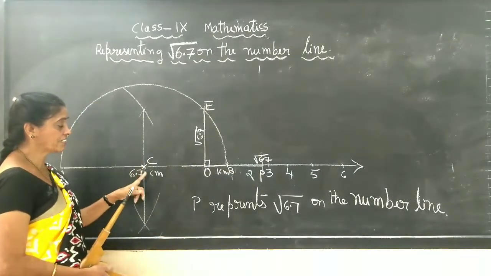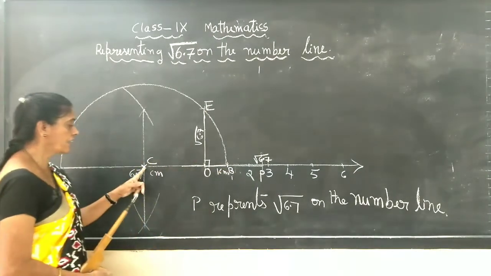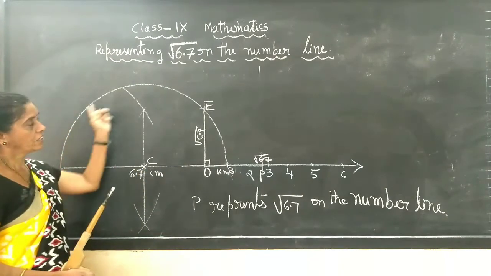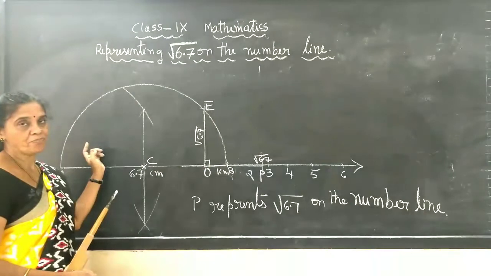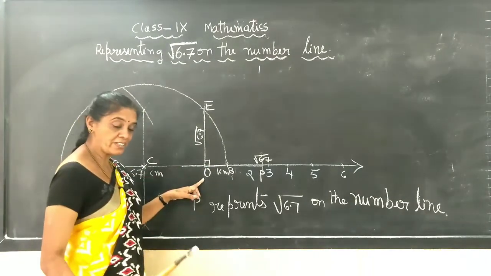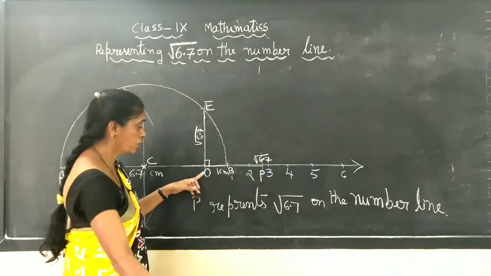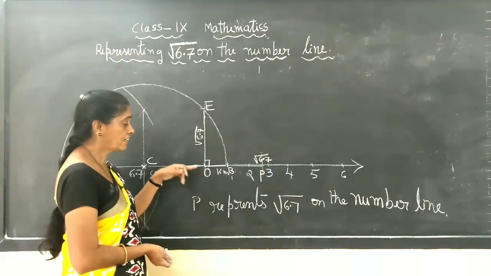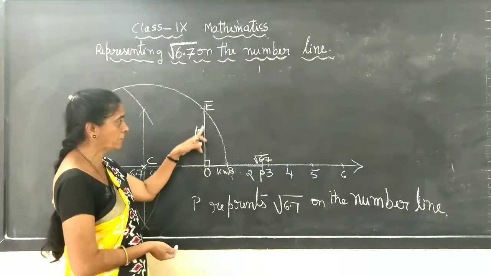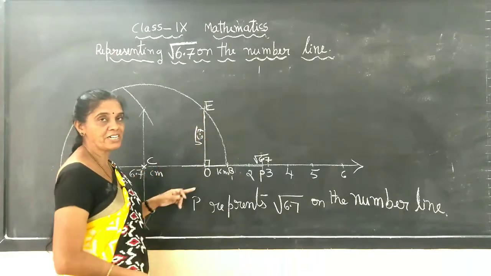Then take the radius either CB or CA, it is one and the same, and draw the semicircle. And after drawing the semicircle, the starting point here for us, which is 0, the letter O, from that you have to draw a perpendicular line using a protractor.